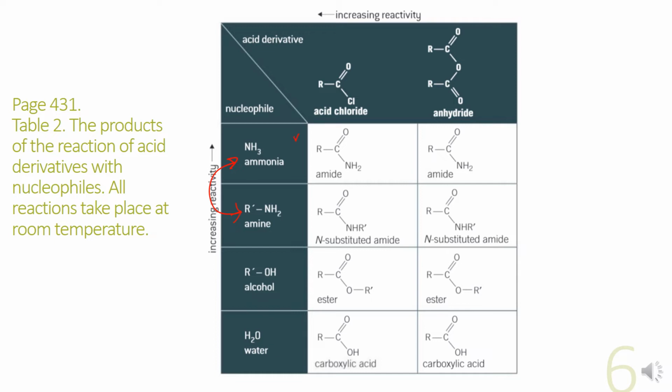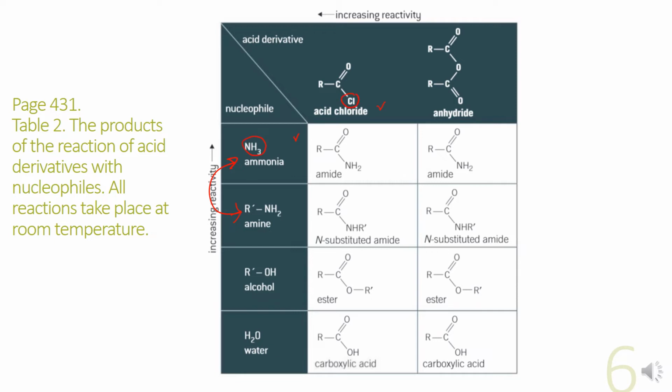If we have ammonia with the acid chloride, this reaction undergoes addition-elimination, or simply, it is a nucleophilic substitution. So the ammonia will substitute the Cl.